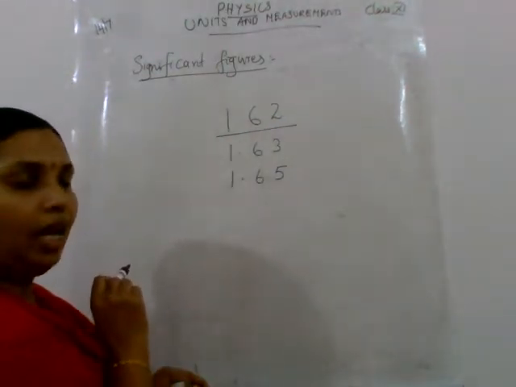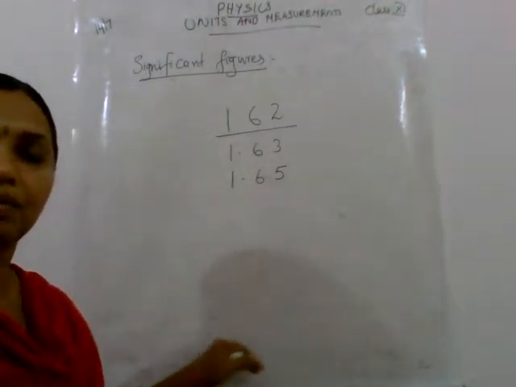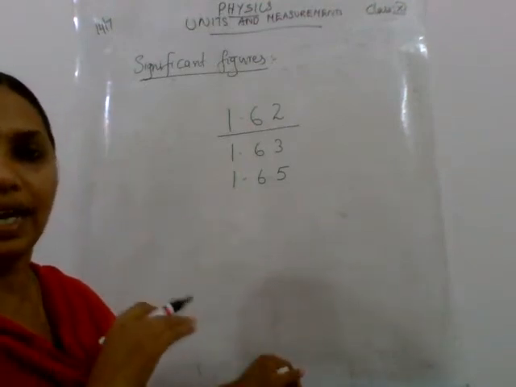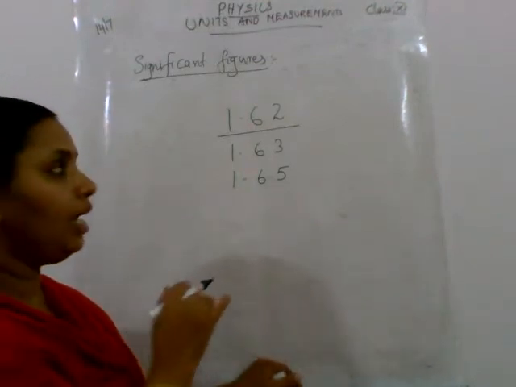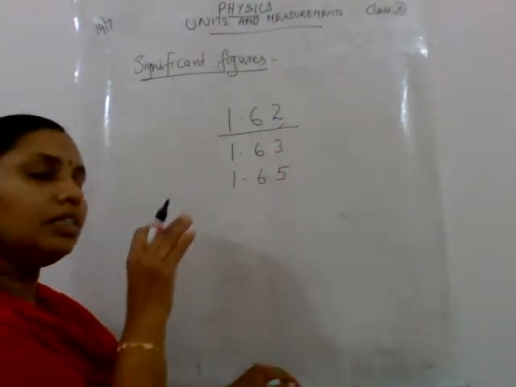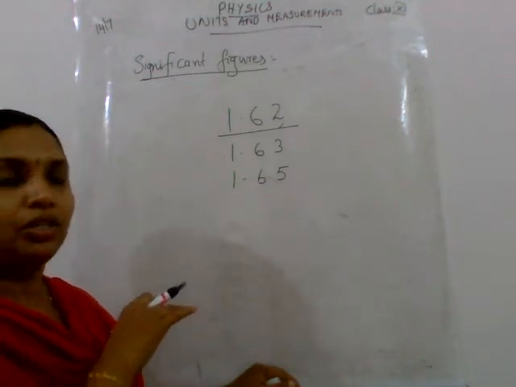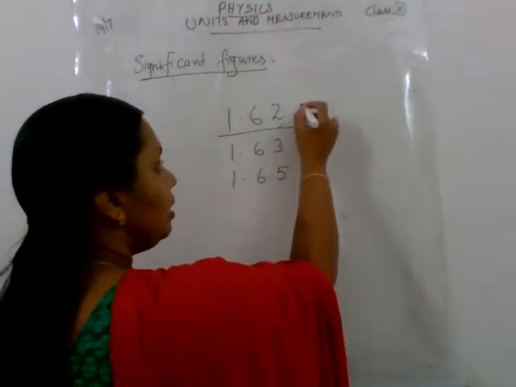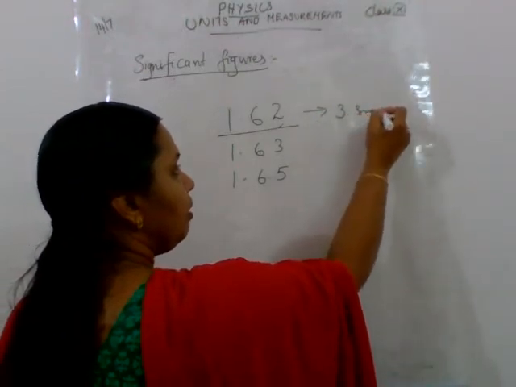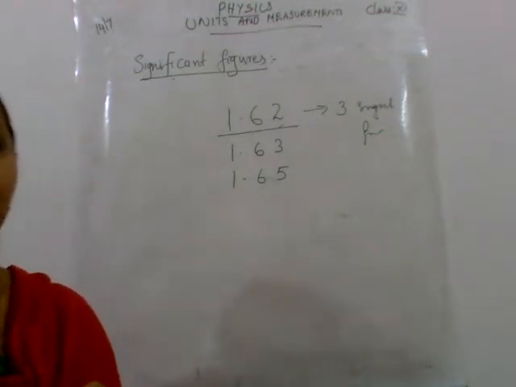The first 2, that is 1 and 6, are reliable, the actual value, and the third digit may change or may not change. So in this measurement there are 3 significant figures.